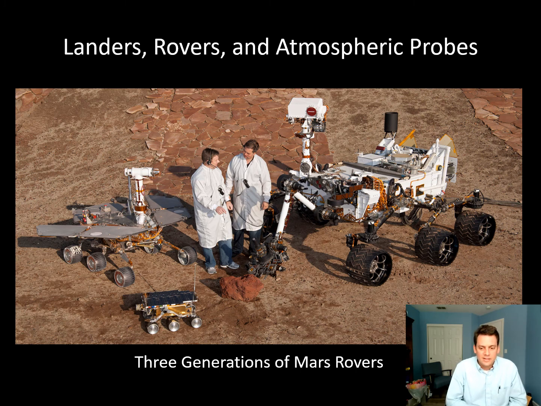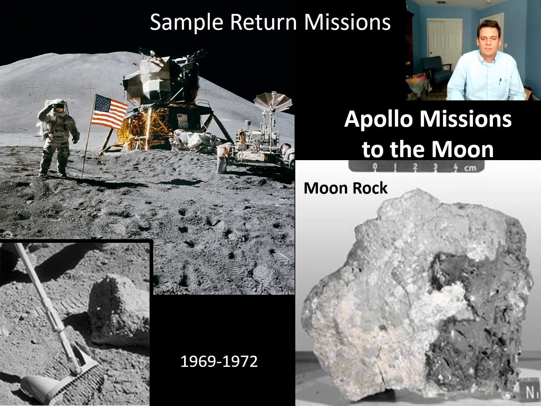These are obviously restricted to nearby objects. It's hard to go to a star, but for the planets that are nearby, we can do it. And then we do have some sample return missions, strictly restricted to the moon, because that's the only thing near enough for us to go to and come back. But we've got moon rocks, and scientists continue to analyze moon rocks that were obtained decades ago.